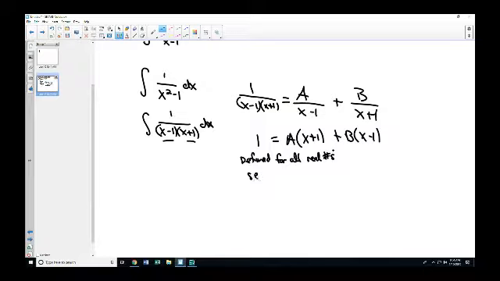Okay. So let's set x equal to 1. And we'll see what it does. So setting x equal to 1 gets rid of B. And so A equals what? A is 1/2.